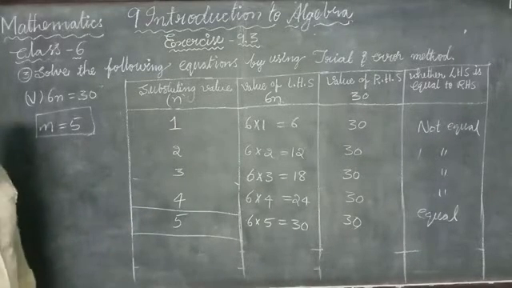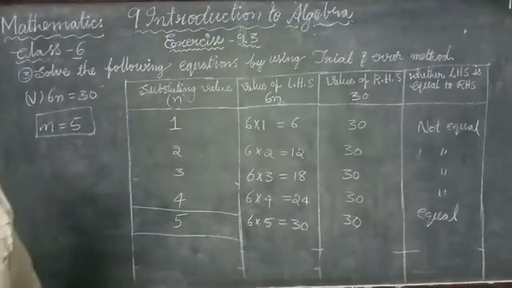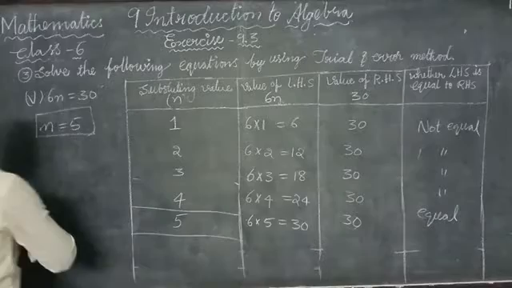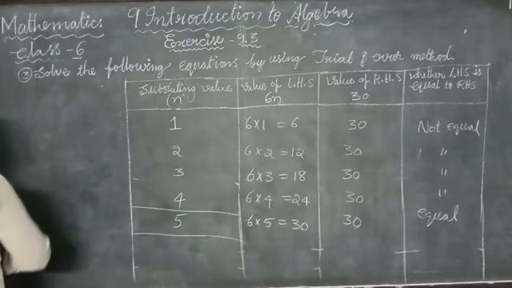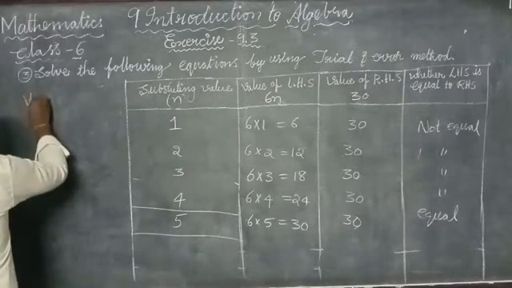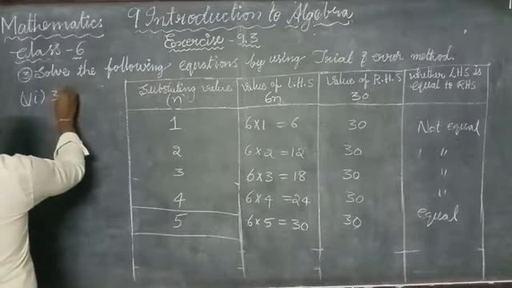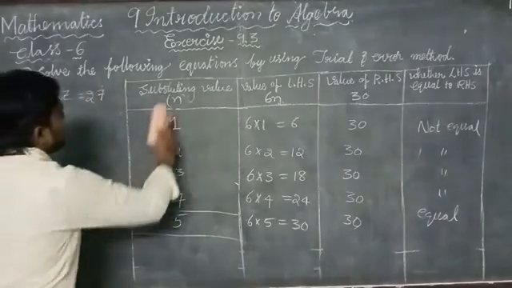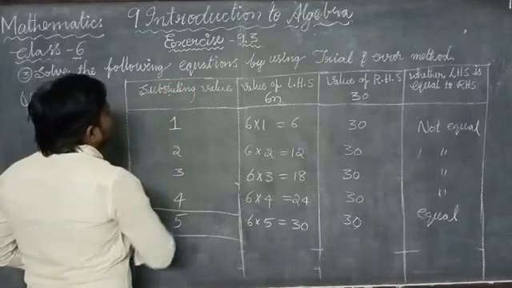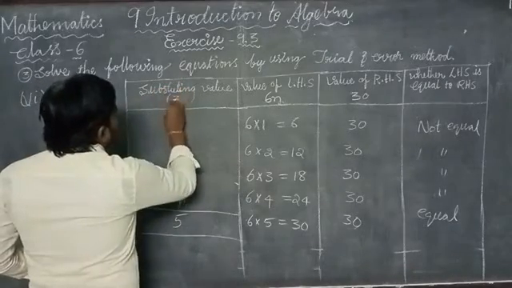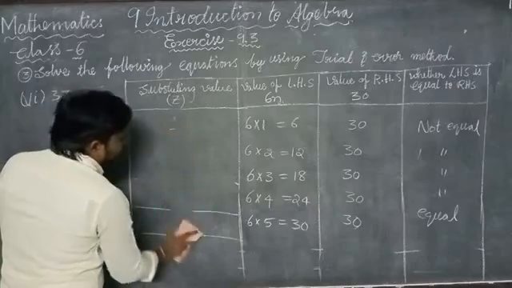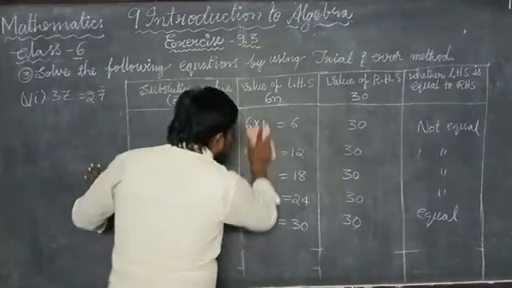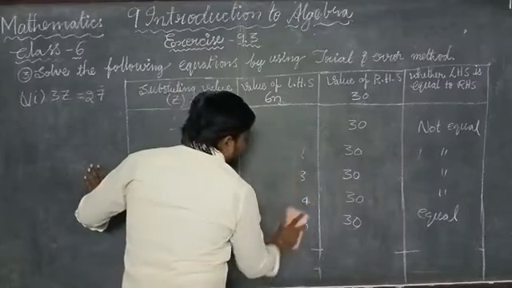Now let us see the next problem. The next problem is 3z equals 27. Here the substituting variable is z, so we have to get the solution of z by using the trial and error method.